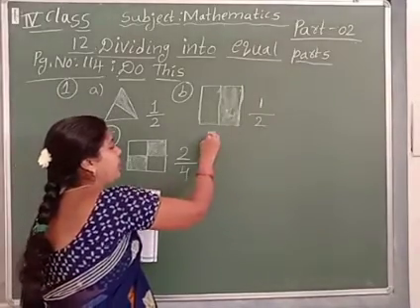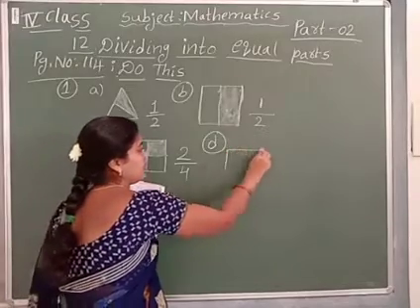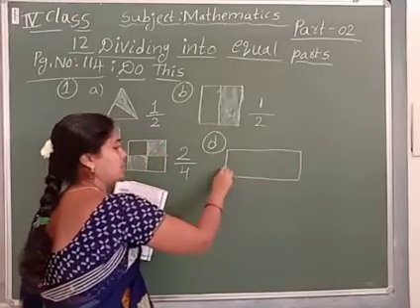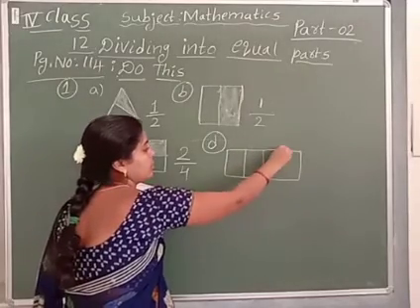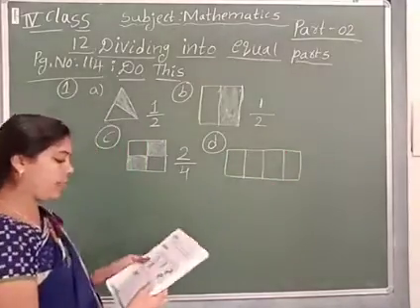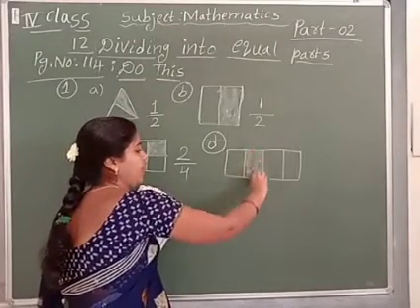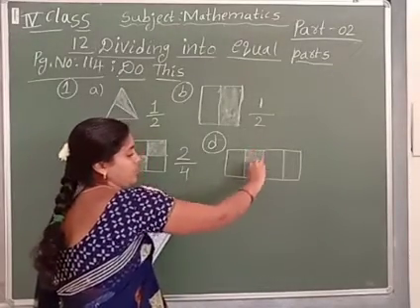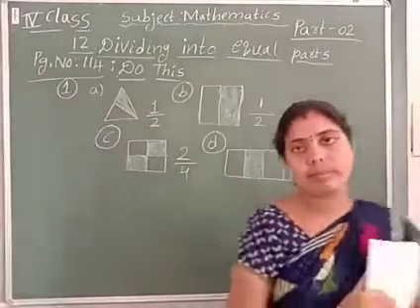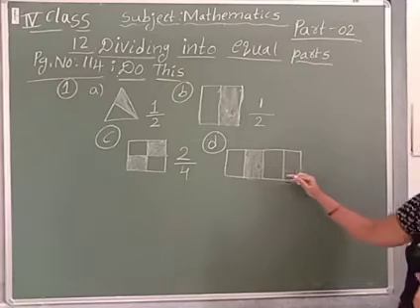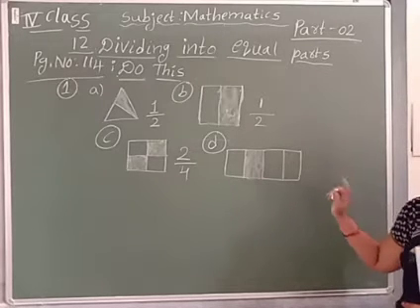And next, D. Rectangle shape, divided into 4 equal parts. So 1 part is shaded. Yes or no, children? How many parts is it divided into? 1, 2, 3, 4. 4 parts.